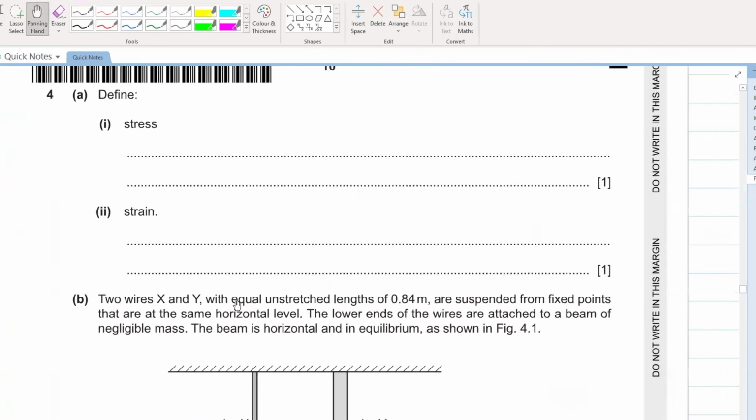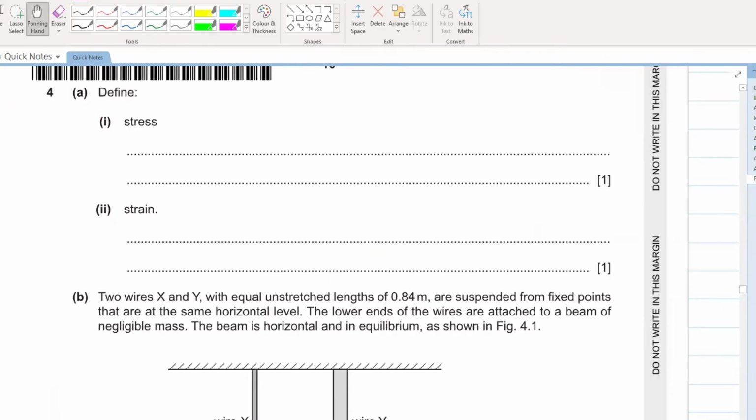Let's move on to question number 4. Define stress. What is stress? Stress is force per unit cross sectional area. Easy marks.